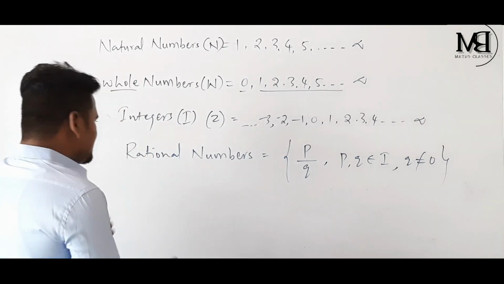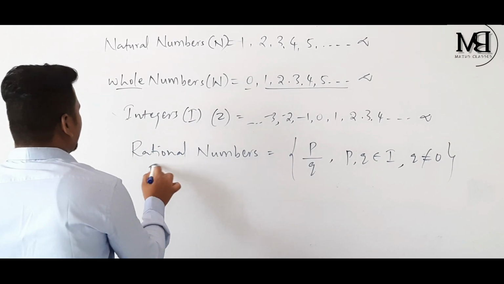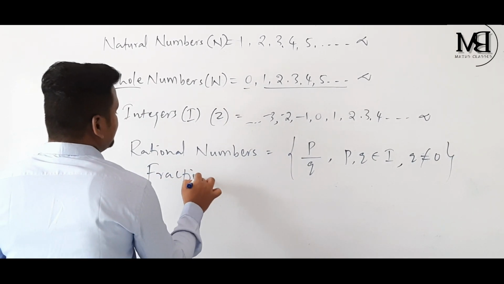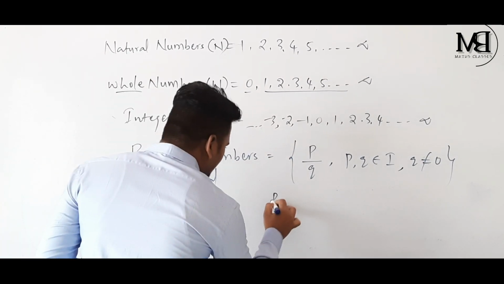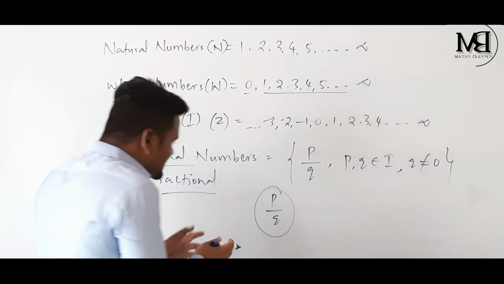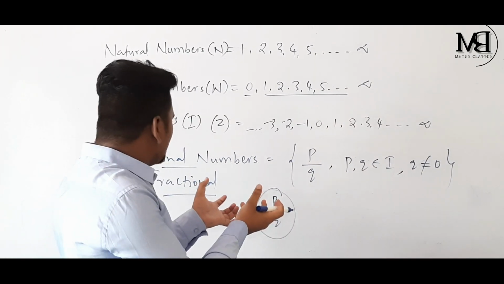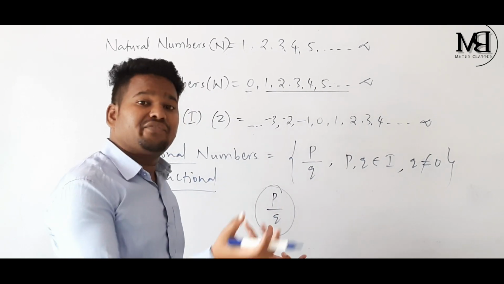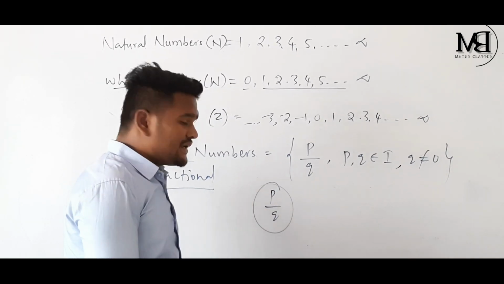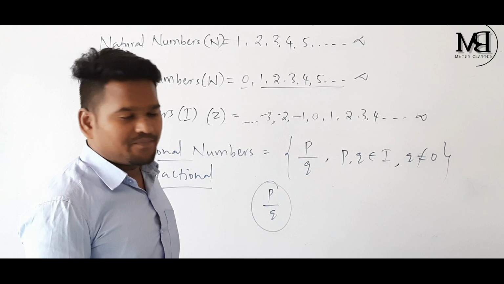And see children, these rational numbers are also known as fractional numbers. If we observe this p by q, we can see it as per a division, as per a fraction, as per a ratio.